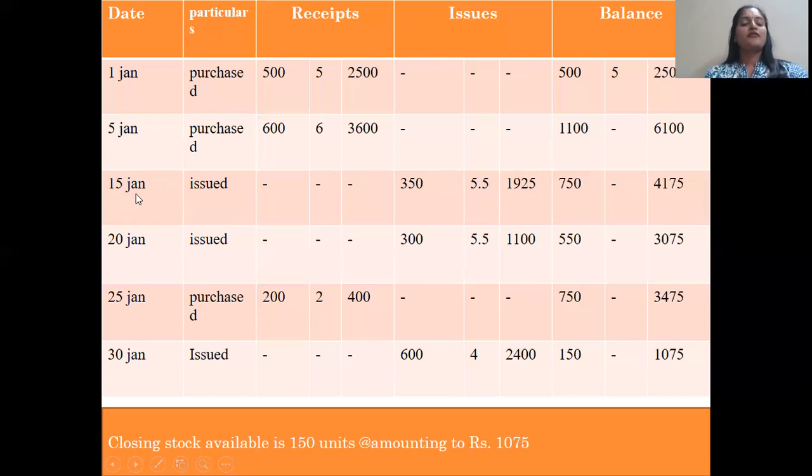Now, on 15th Jan, we have issued 350 units. Now, we need to calculate the issue price because we don't know what the issue price is. Now, let us calculate the issue price. See here, what is the balance available here? 1,100. Out of that, you need to issue 350.